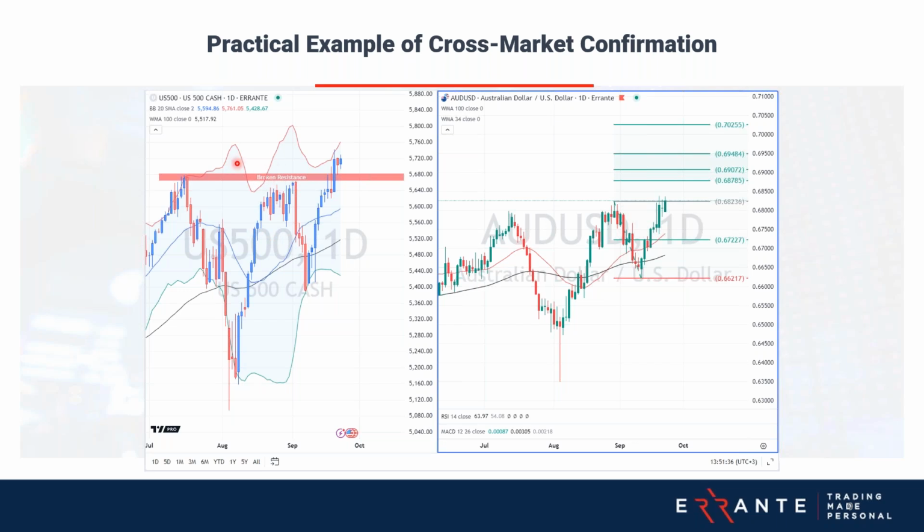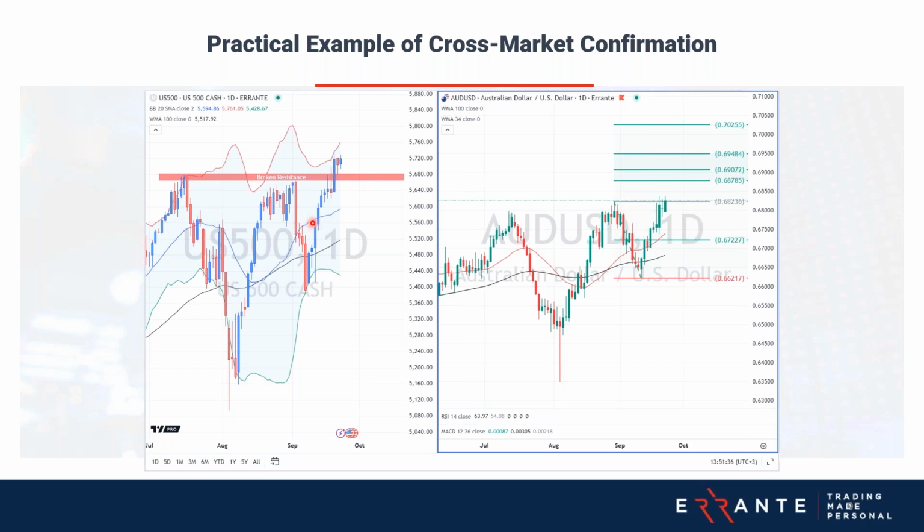And this breakout indicates bullish momentum in the stock market. As a technical setup, I would say the index is above both the 20-day simple moving average, which is the middle band of the Bollinger Bands, and the 100-day weighted moving average, or WMA, which confirms the strength of the uptrend.